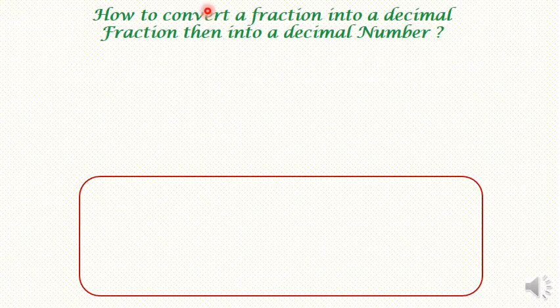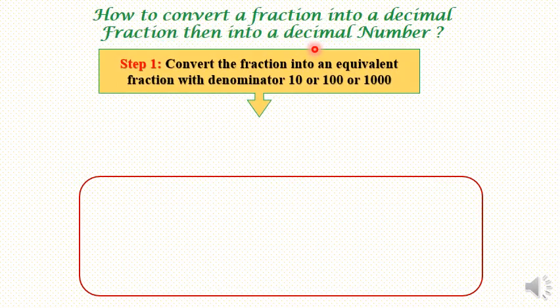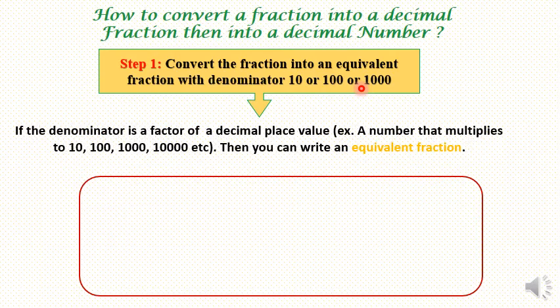Now, how to convert any fraction into a decimal fraction, then into a decimal number. First step, we have to convert the fraction into an equivalent fraction whose denominator is 10 or 100 or 1000. How? By looking at the denominator. And if it is a factor of 10 or 100 or 1000, we can change it into an equivalent fraction.